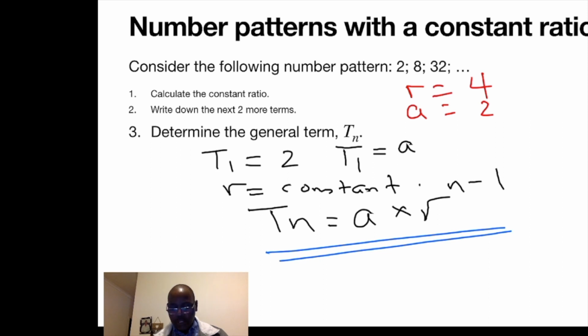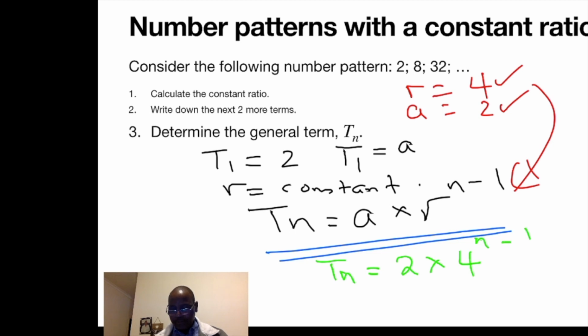So in future, if you get a number pattern, just identify what A is and work out your constant ratio, and you can just substitute into this formula here. So if you substitute this one here, you will then end up with Tn is equal to 2 multiplied by 4 to the power of n minus 1.